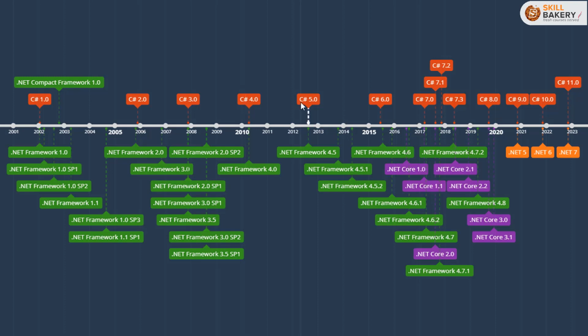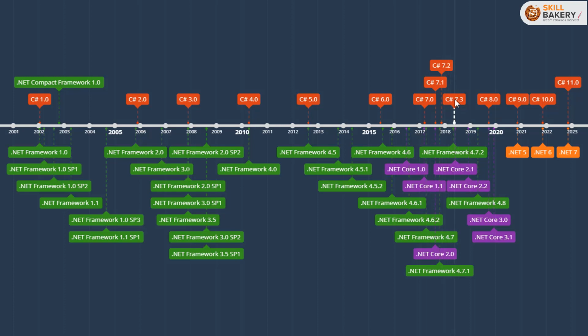C# 5.0 in the year 2012 along with .NET Framework 4.5, and then 6.0 along with .NET Framework 4.6. Then C# had 7.0, 7.1 and 7.2 in the year 2017, and that was part of .NET Framework 4.7.1.